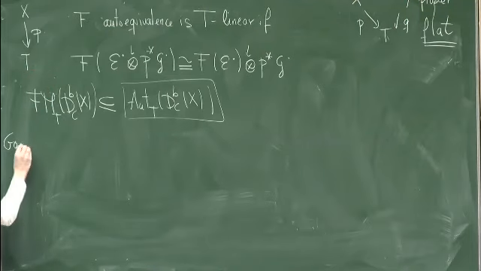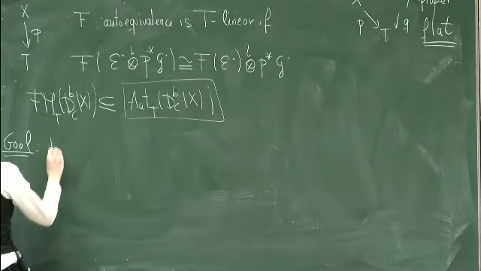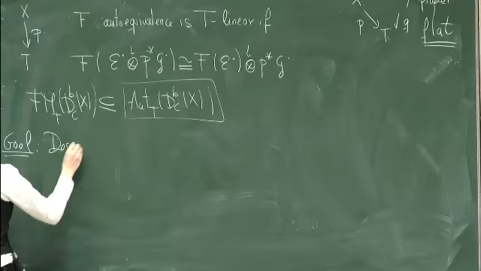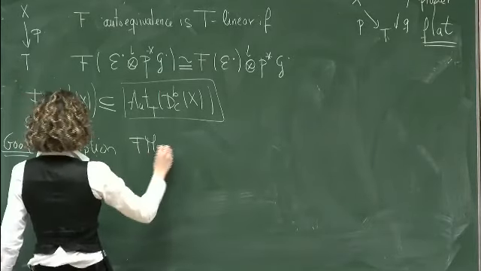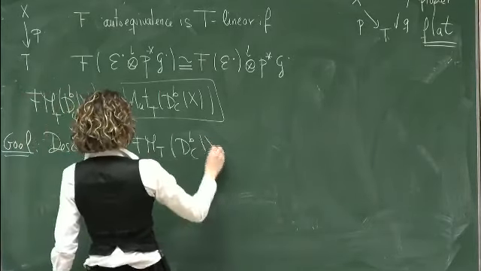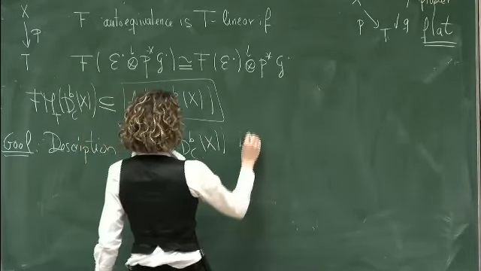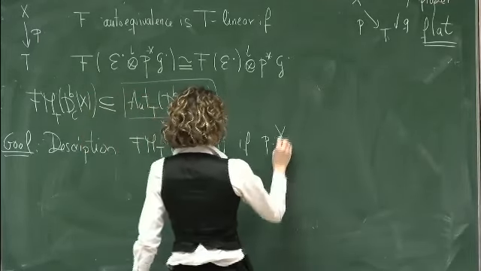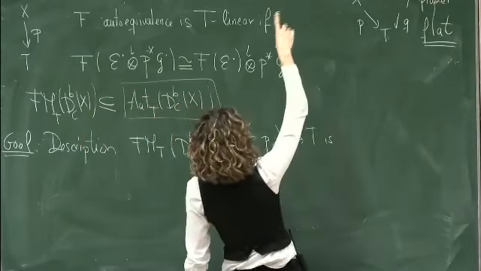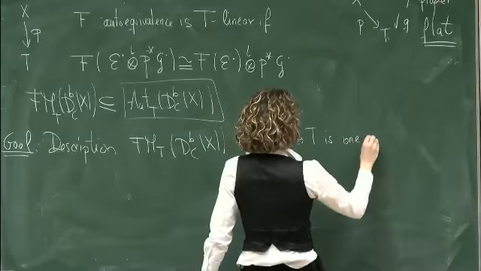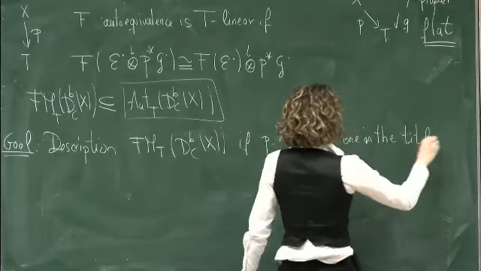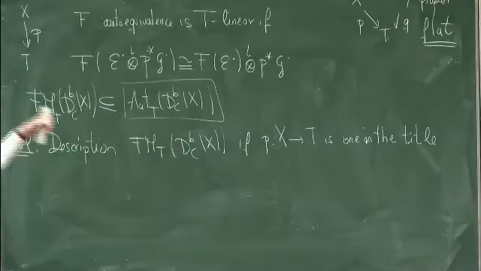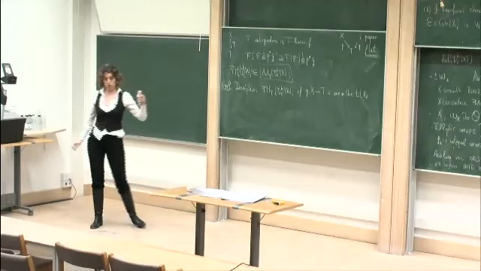So the goal was to give a description of this subgroup if P is one of those in the title: a Weierstrass fibration, an abelian scheme, or a Fano fibration.